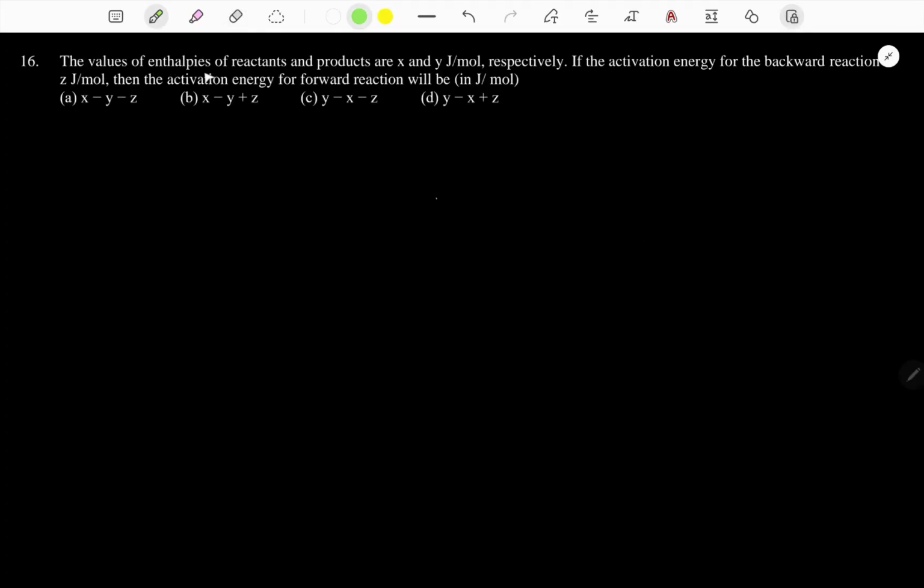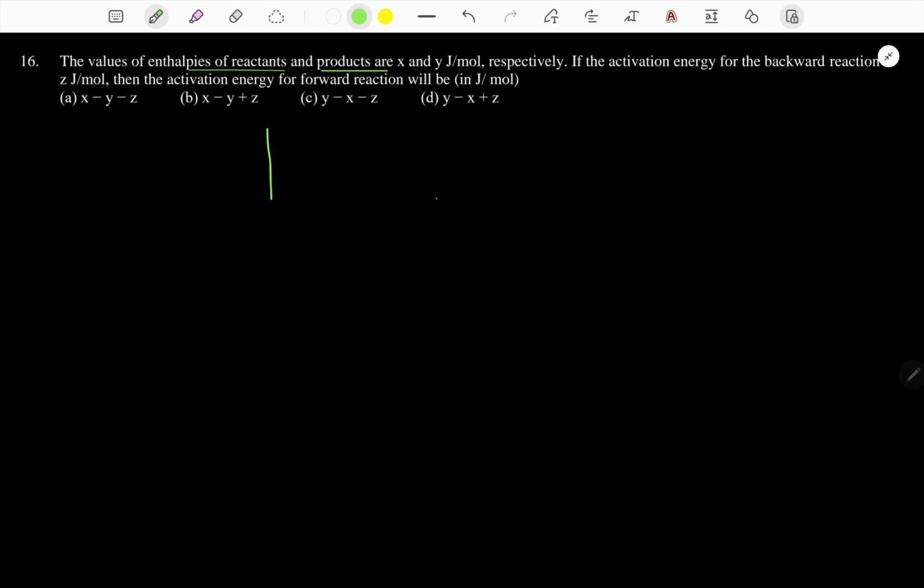The values of enthalpies of reactants and products are X and Y joules per mole. Enthalpy of reactant X, enthalpy of product Y. That means energy of reactant X, energy of product Y. If the activation energy for the backward reaction is Z, then what is the activation energy for the forward reaction?